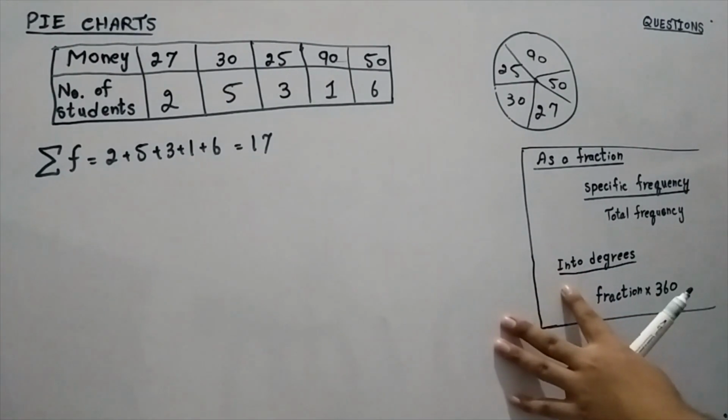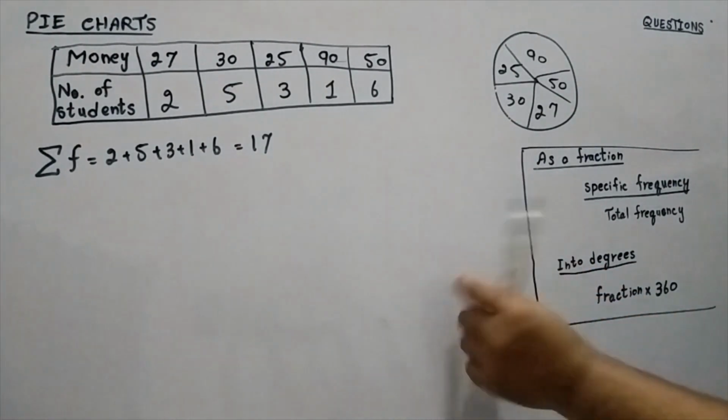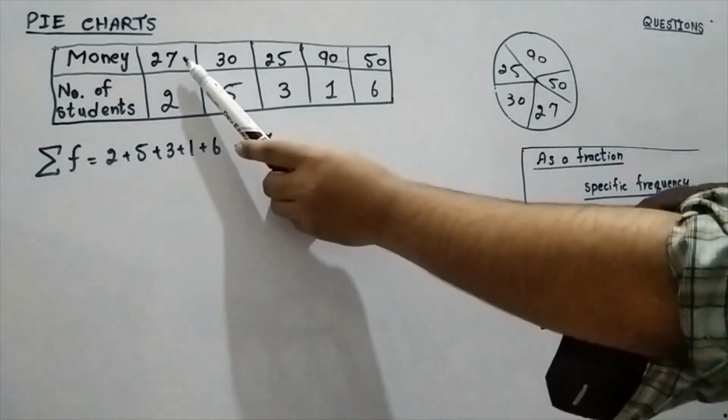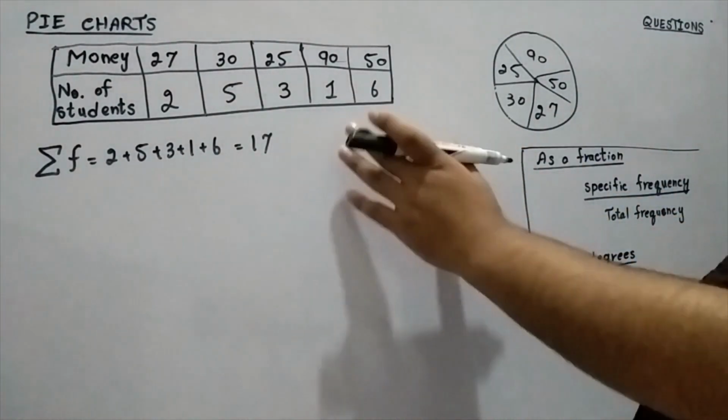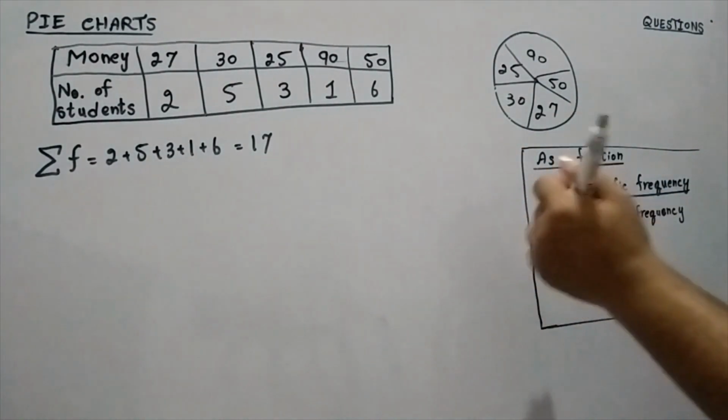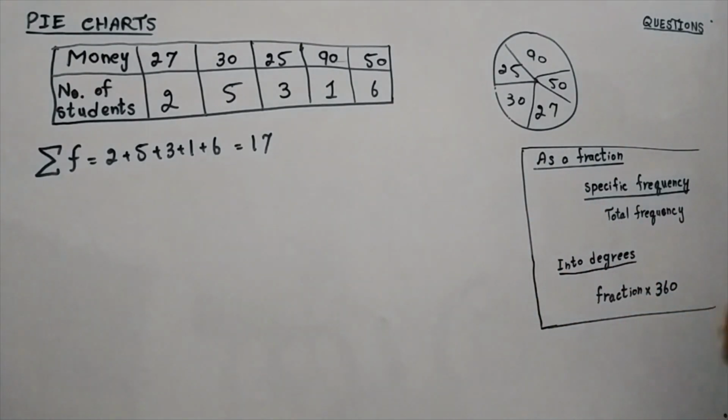So first of all we will find a fraction, the frequency fraction present in this data. For this we will use this formula.